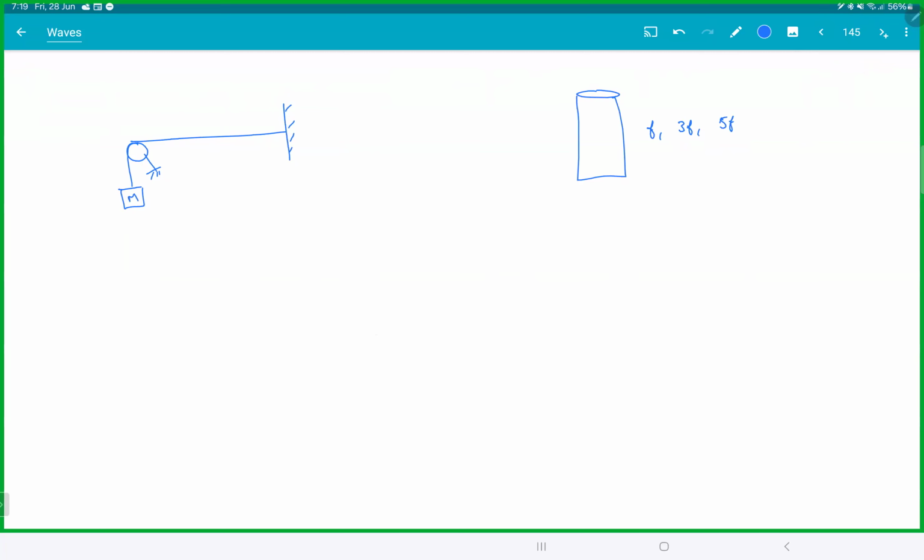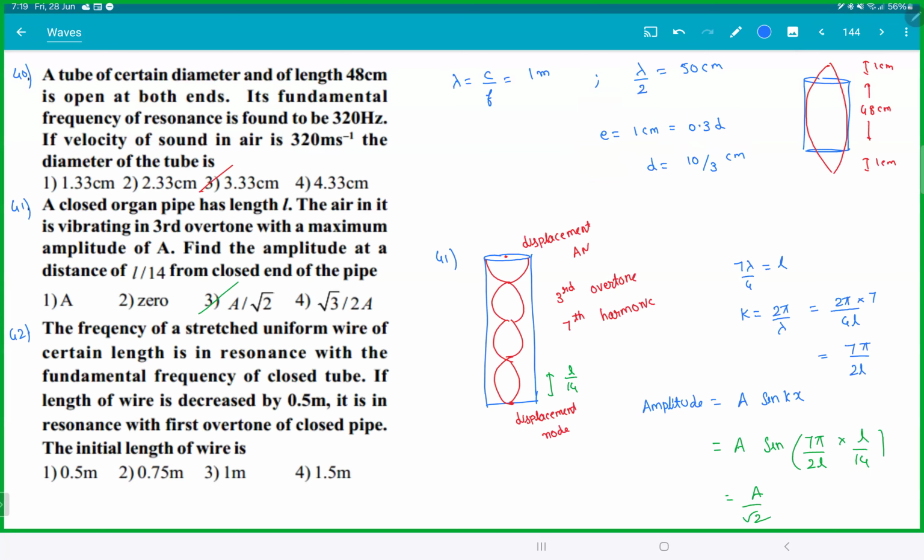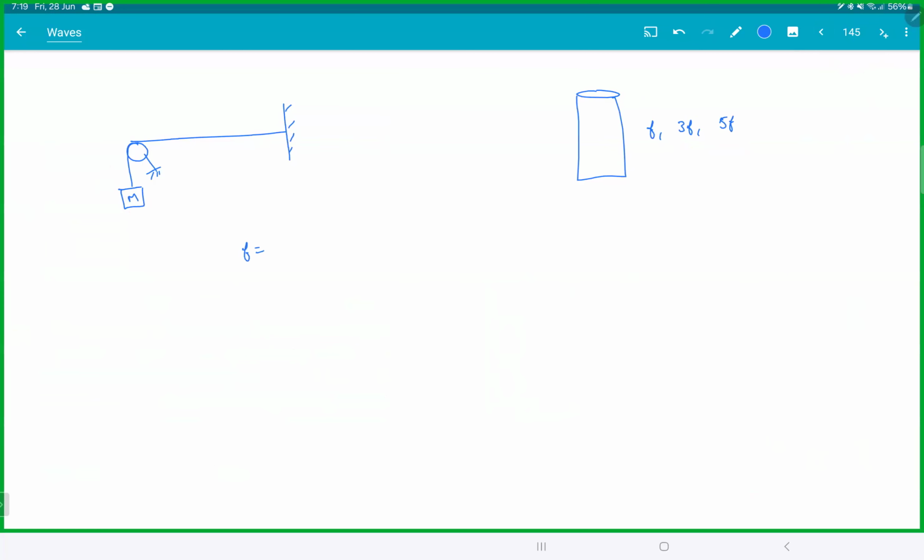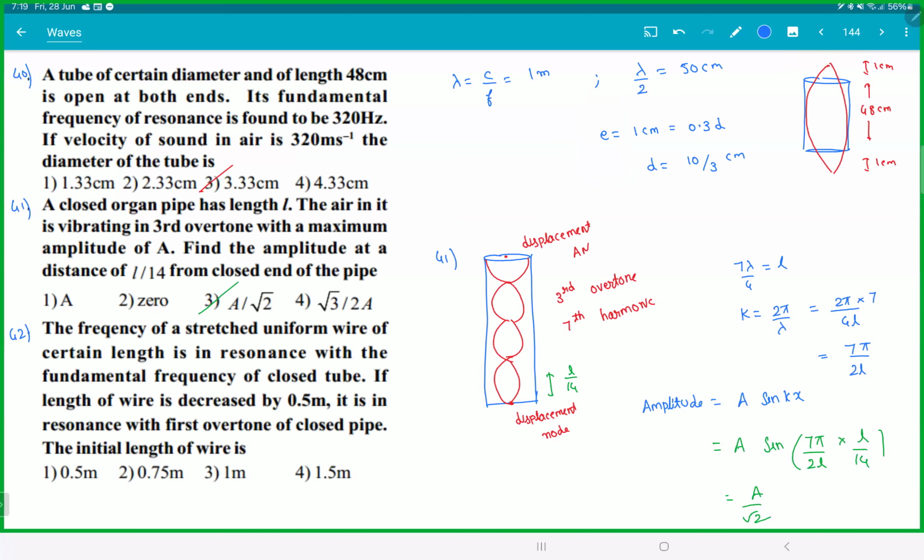So the first one, F is equal to, now he said simply resonance with the fundamental frequency. He never said which harmonic the string is in. So it is n by 2L root over T by mu. This much I know.